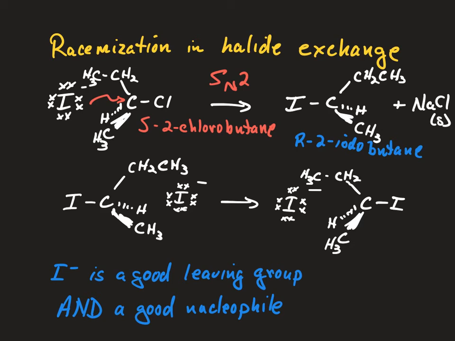And so the result is other iodide ions in solution can come back and attack the R-2-iodobutane, turning it into S-2-iodobutane.